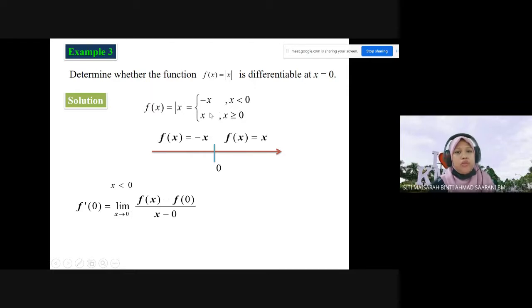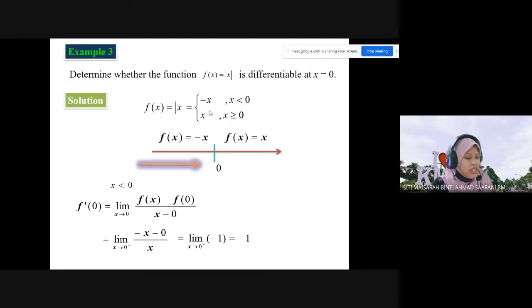Yang positif, which is x. So dia akan jadi kosong lah. So f(0) is 0 over x minus 0. So then limit x approach 0 from left, negative x minus 0 over x. So then kita boleh simplify dia, dapat limit x approach 0 from left, negative 1. So finally, limit negative 1 is negative 1 lah. So jadi kita dapat f prime 0 from left negatif 1.